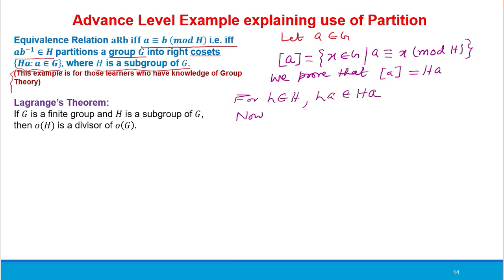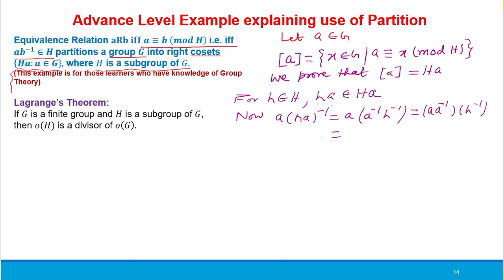Now we have to show that this ha is in the equivalence class, and therefore we consider this A(ha) inverse, and this is A a inverse h inverse.